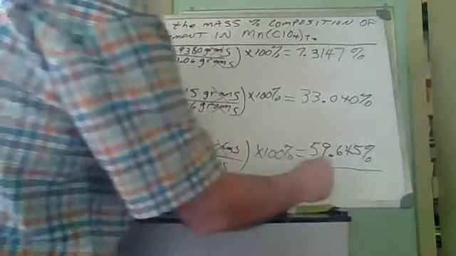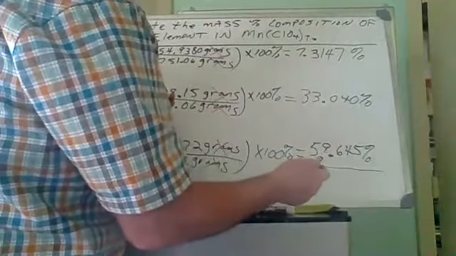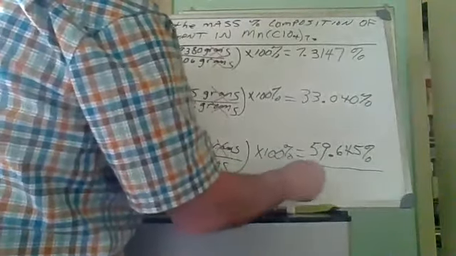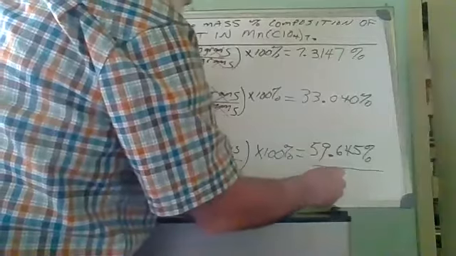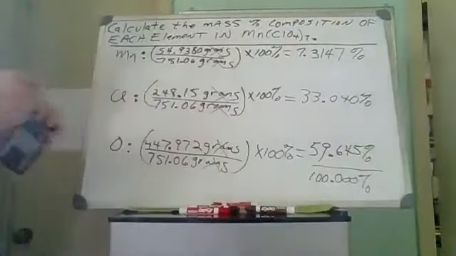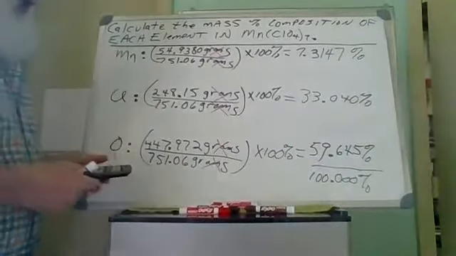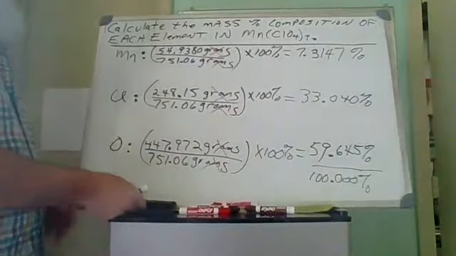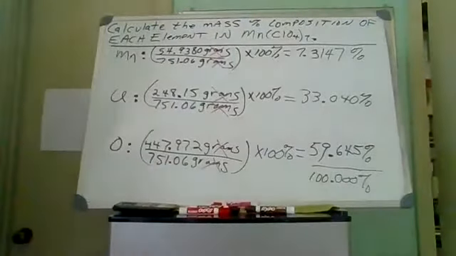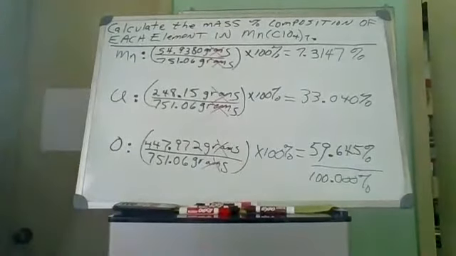And with rounding, it does come to 100.000% upon rounding. It's actually more like 99.9997. If we're rounding to 3 decimal places, it becomes 100.000%. Okay, any questions here?